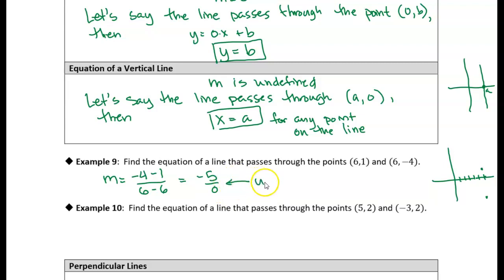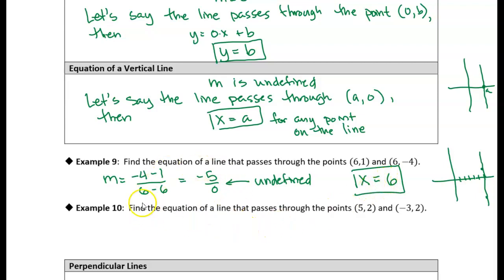So this is undefined. We have an undefined slope. If it's an undefined slope, just remember it's a vertical line, right? There's no run for the rise. So this is a vertical line, and really the x-coordinate is the equation for the line. So the equation for the line that passes through these 2 points is just x equals 6.